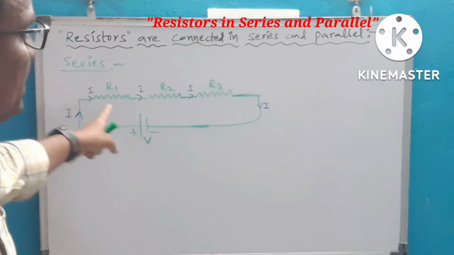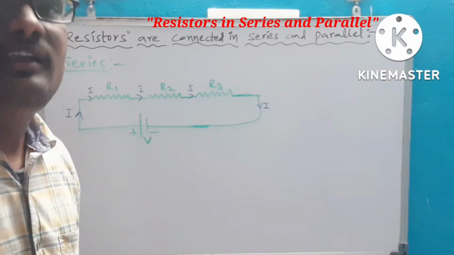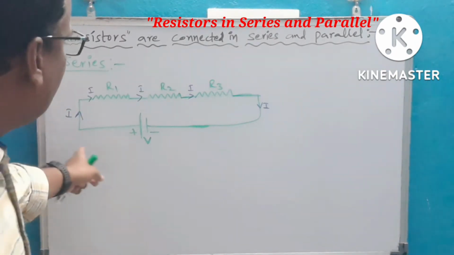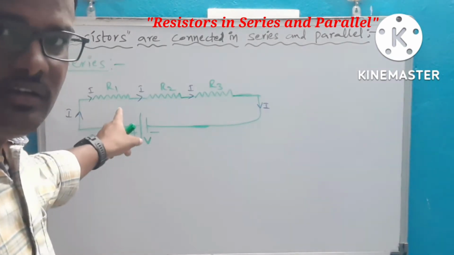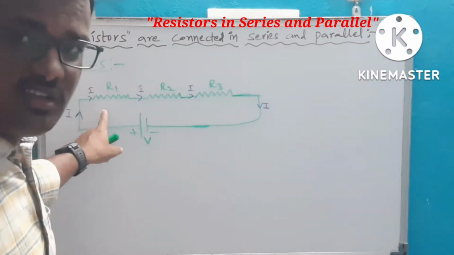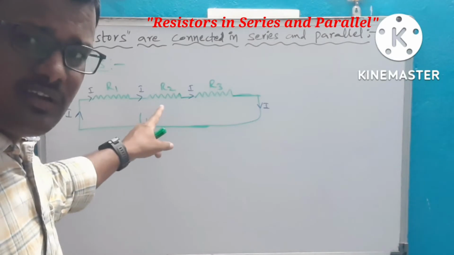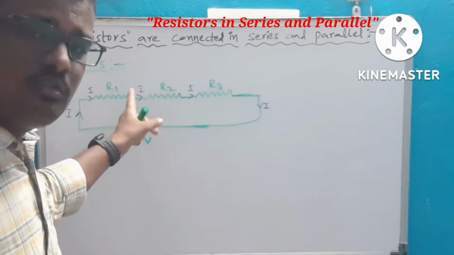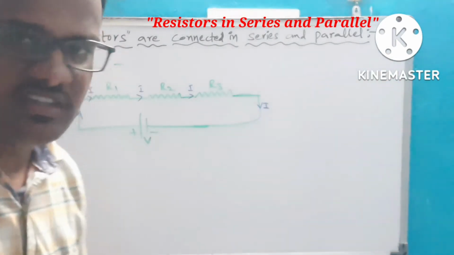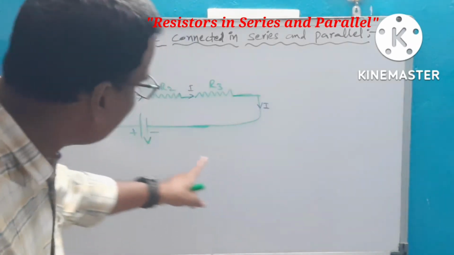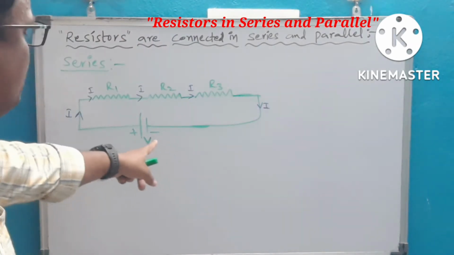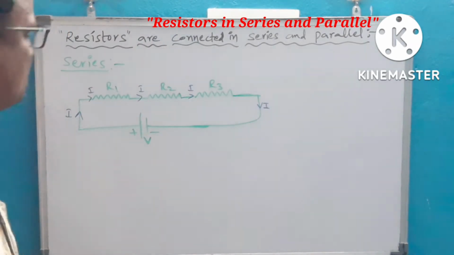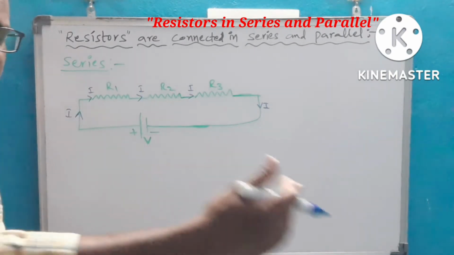There is no other way to split the current. So how much current enters the first resistor, that much current also passes through all the remaining resistors, and finally the same current I reaches the negative terminal of the battery.